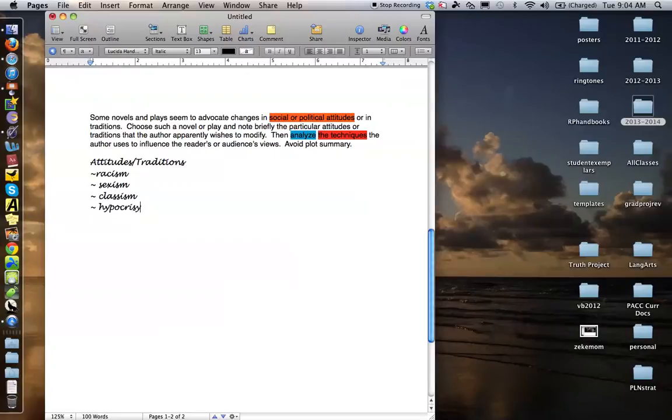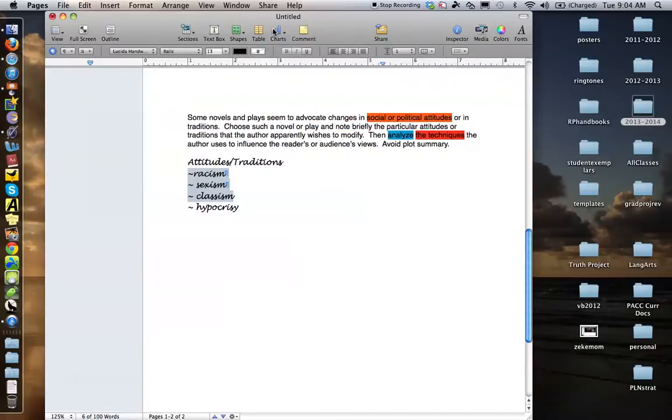If you look at the first 3, racism, sexism, and classism, I can consider all of those to be forms of prejudice. So that kind of gives it one big overarching motif.